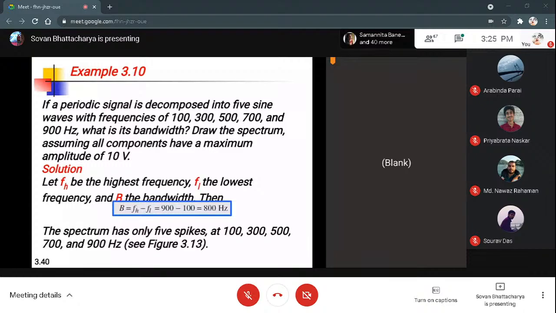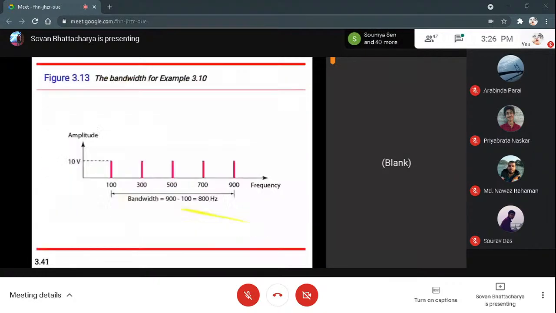Clear? Now in the spectrum, how many peaks are there? Total 5 peaks. Yes or no? Total 5 peaks. Now you see the spectrum. In this spectrum we have 100, 300, 500, 700, and 900.